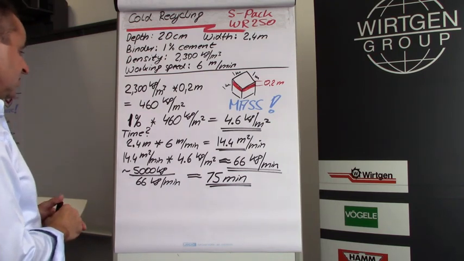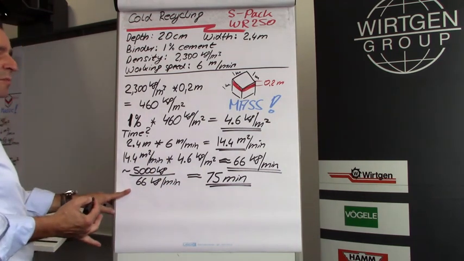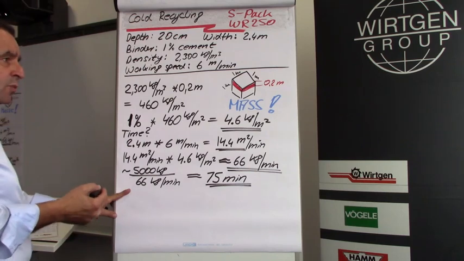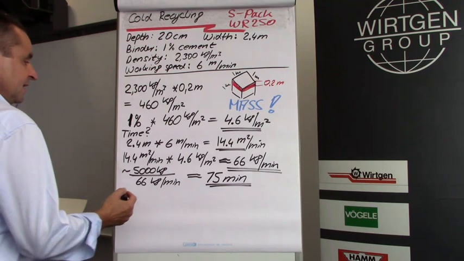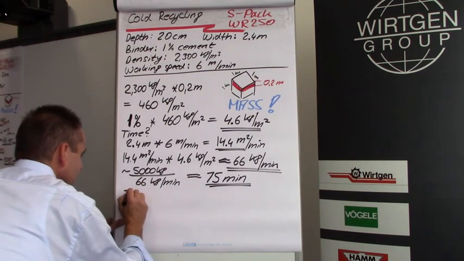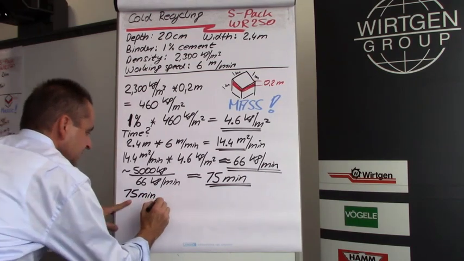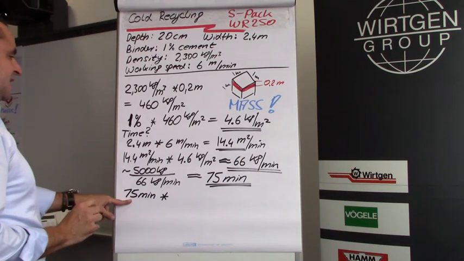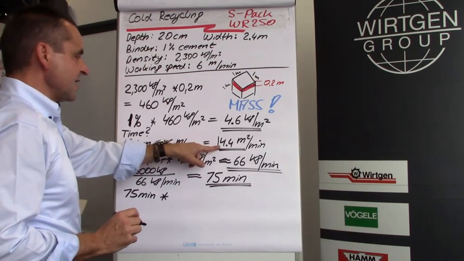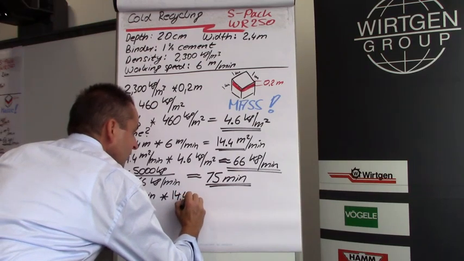Another question could be, what about the area performance, how many square meters we already made in that time? I think this is also an easy one. Now we know we can run the machine for 75 minutes, times, remember, every minute we can do 14.4 square meter.